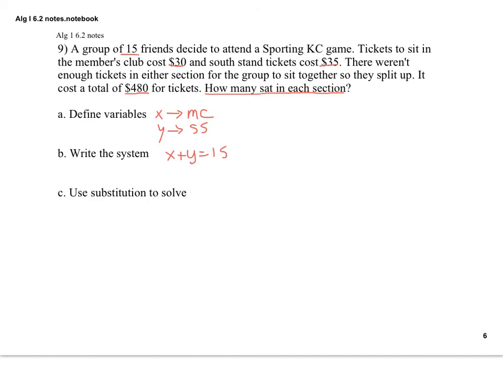I also know that my tickets to the members club are $30 a piece. So I've got 30 times the amount of people going to the members club, so 30x, and 35 times the amount of people going to the South Stands, which is y. And I also know that we paid a total of $480.